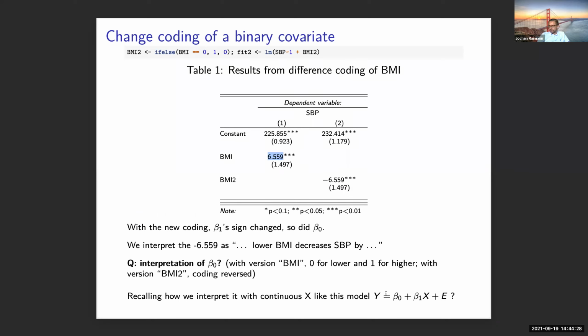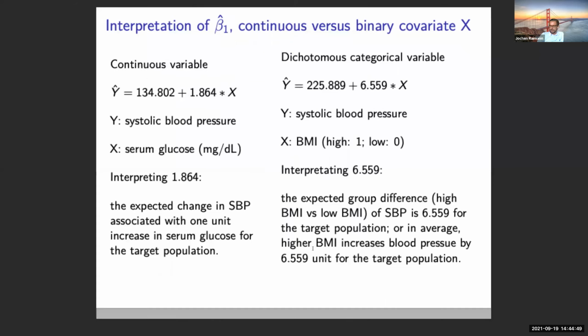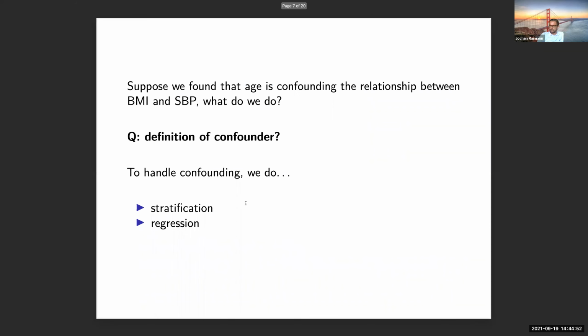Recalling how we interpreted with a continuous model, it is the same story: you're adding or subtracting, and it goes in either direction, positive or negative, and in that direction your predicted y will change. Suppose we found that age is confounding the relationship between BMI and SBP. What do we do? Definition of confounder.